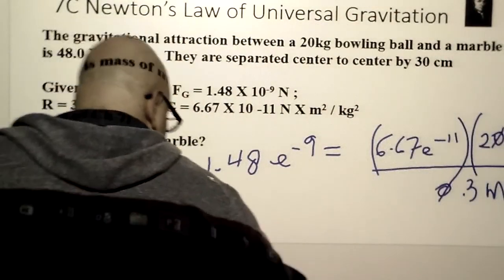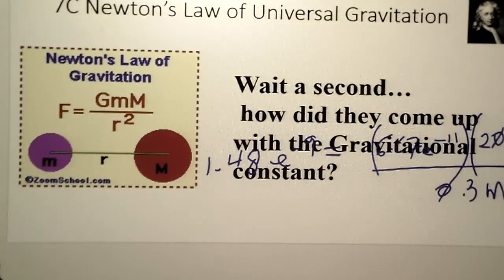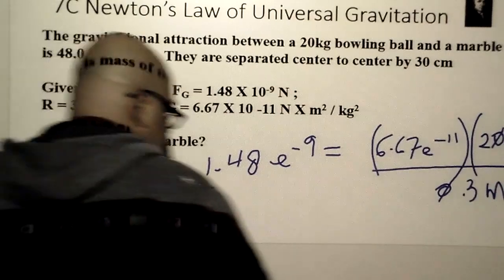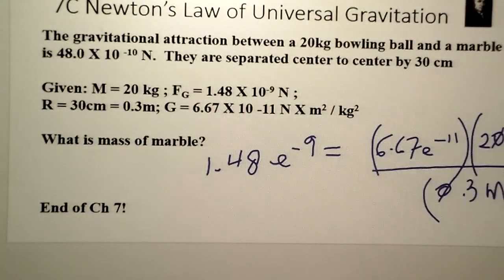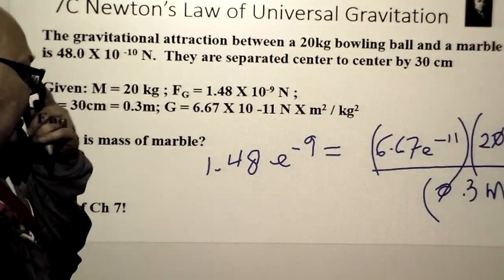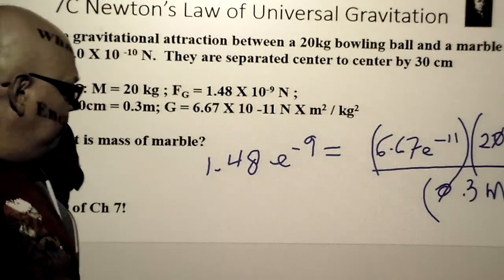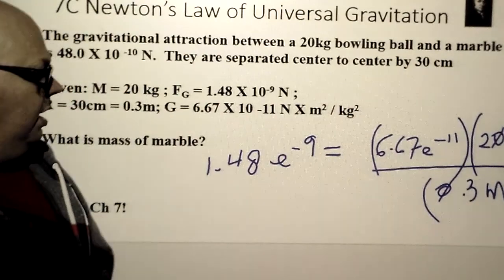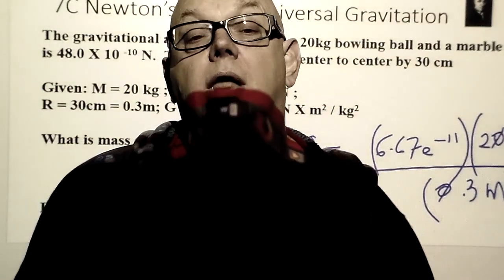Now I'm going to double check my formula. R squared. Okay, so this has to be squared. So with that, ladies and gentlemen, we can now do some multiplication, and then we can figure out the mass of a marble, which is not going to be a whole lot.